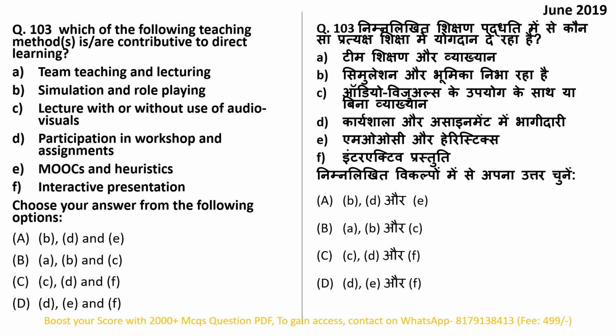Which of the following teaching method is or are contributive to direct learning? The right answer is option A, B, D, and E. Simulation and role playing, then participation in workshop, and MOOCs and heuristics.